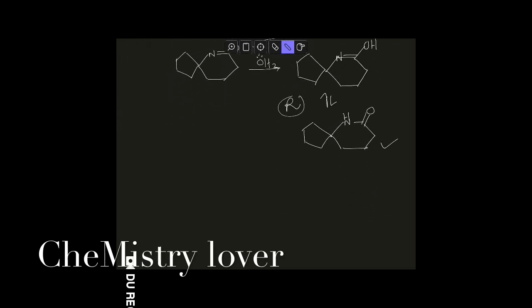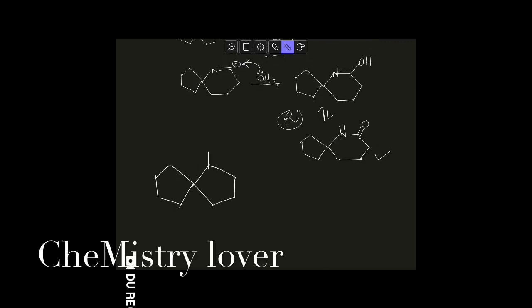Now another possibility is the Beckmann fragmentation. What happens in case of Beckmann fragmentation is, again I have to redraw it. You have this OSOCl. Now if this bond goes like this and this goes as a leaving group, it is the Beckmann fragmentation.